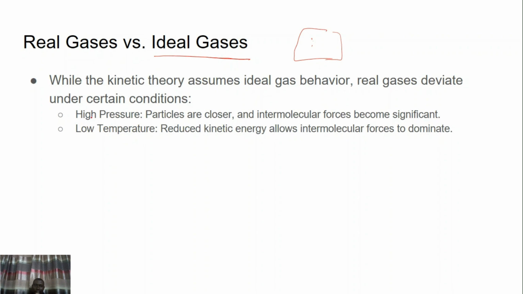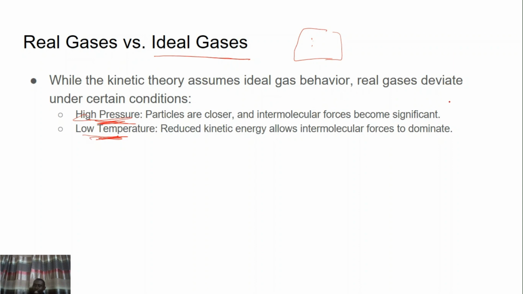When the pressure is high and when the temperature is low, the gas that we know doesn't follow the kinetic theory of matter. That is because at high pressure, they tend to come closer and the intermolecular forces become significant.